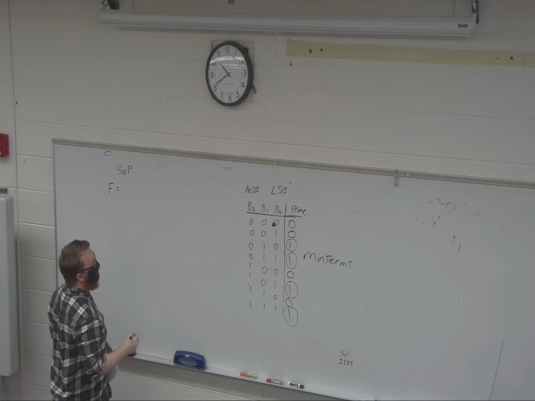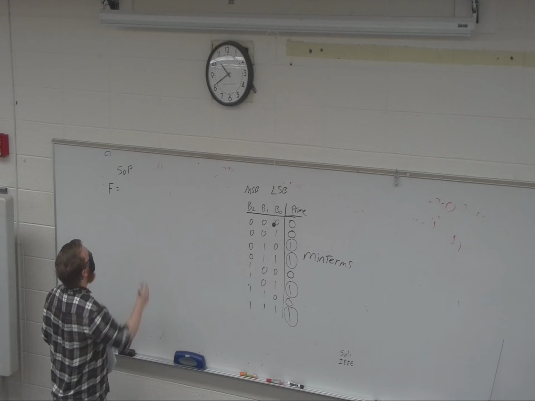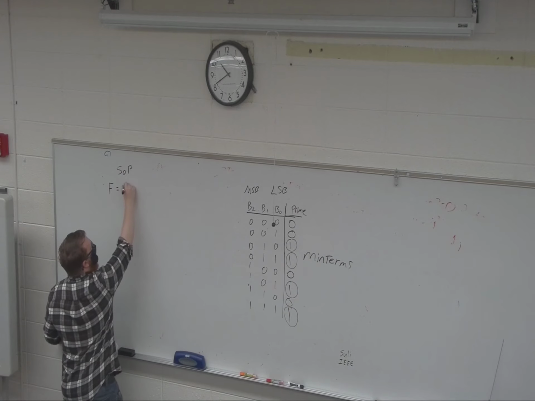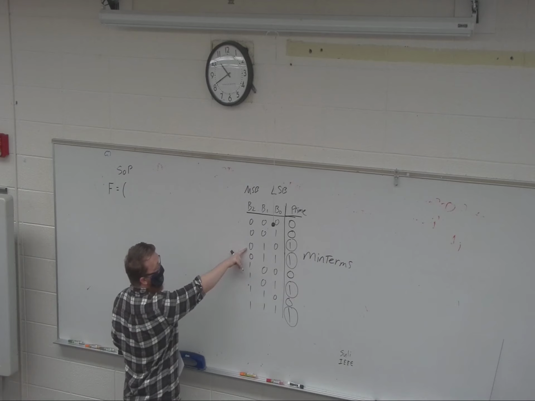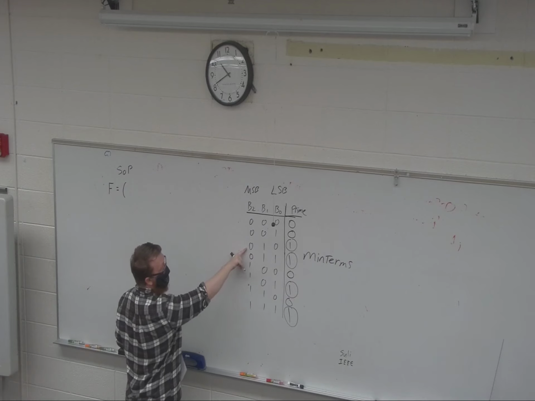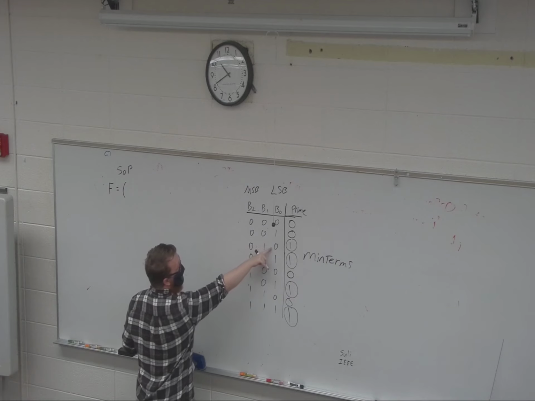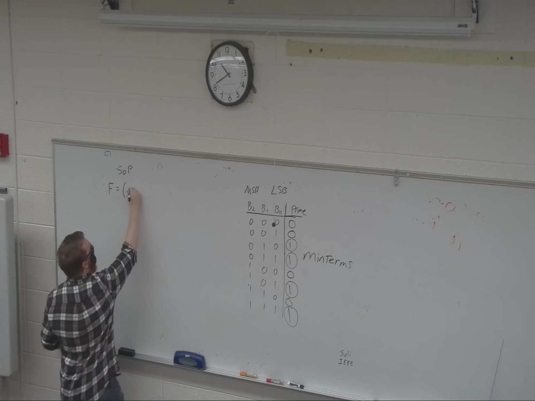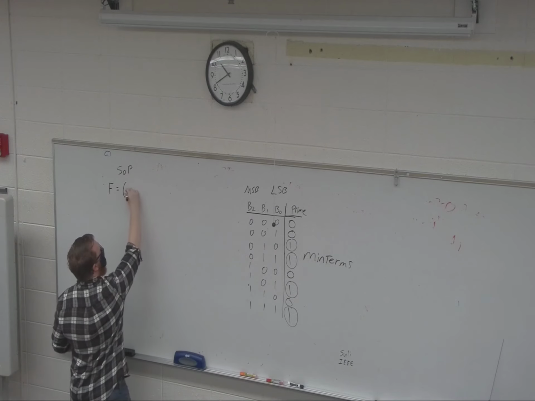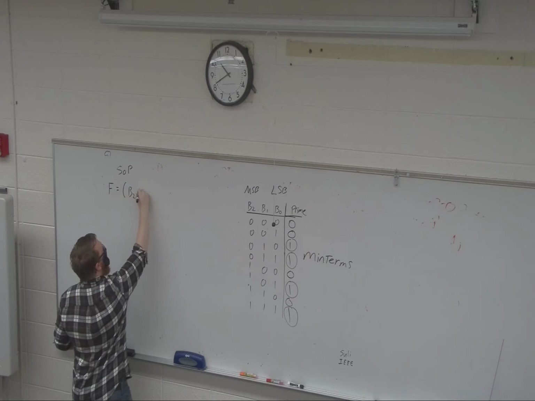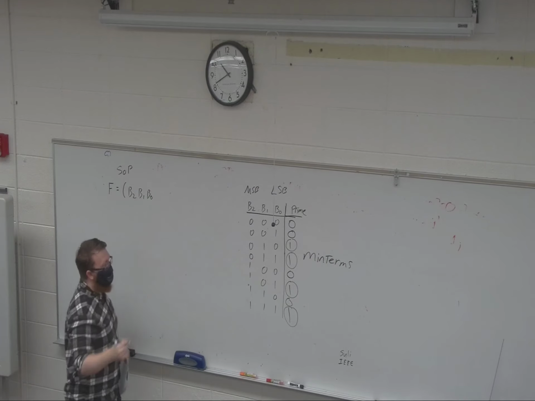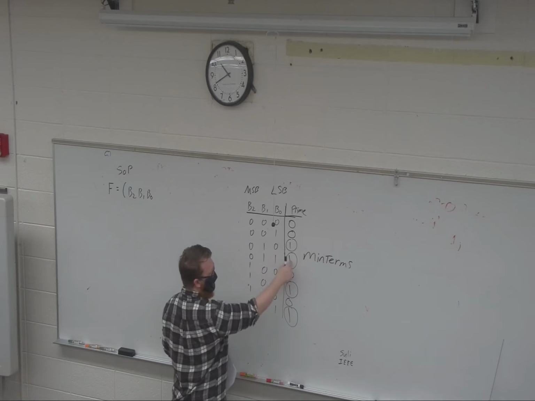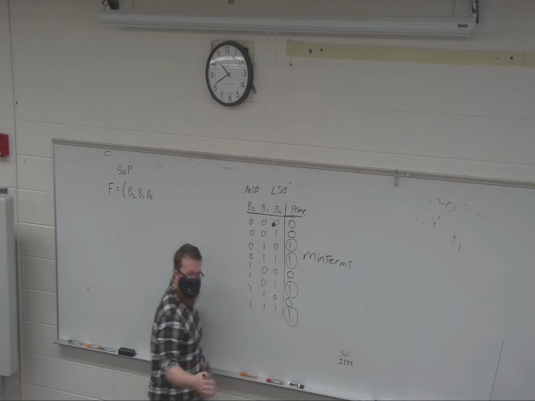What that means is we're going to build up from products. So the products are, if we look here, not B2, B1, not B0. So every single one of these, and you can write it either direction, B2, B1, B0. Now the thing is, I know that there's 1, 2, 3, 4 minterms.